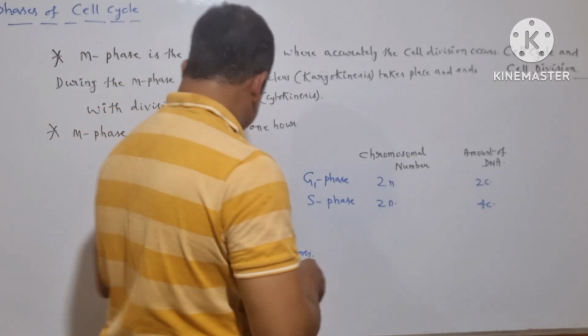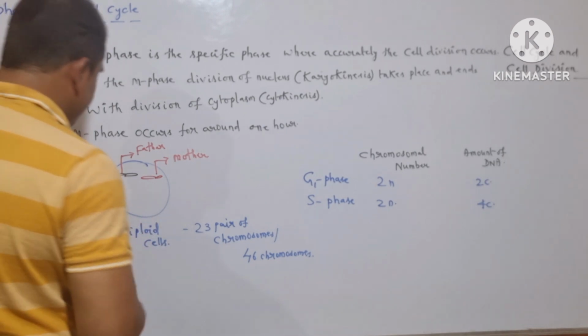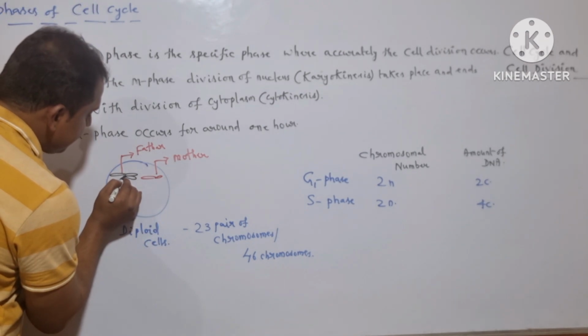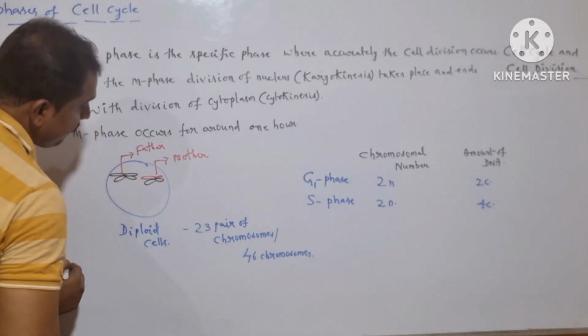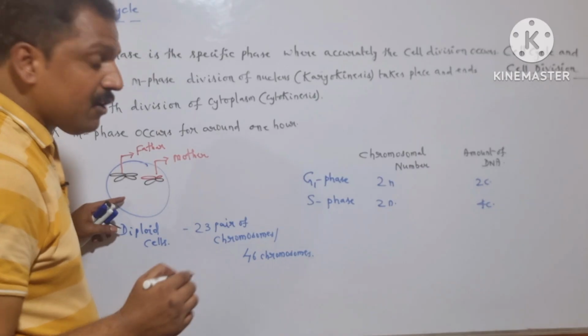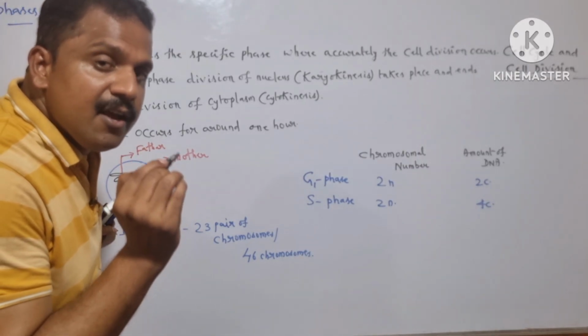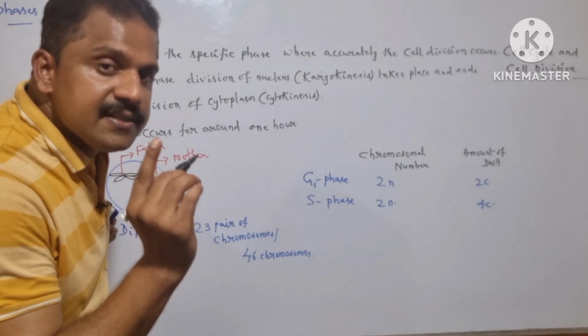During the S phase, the chromosomal number becomes double. Though the chromosomal number becomes double during the S phase, both the chromosomes are aligned by taking advantage of one single centromere.